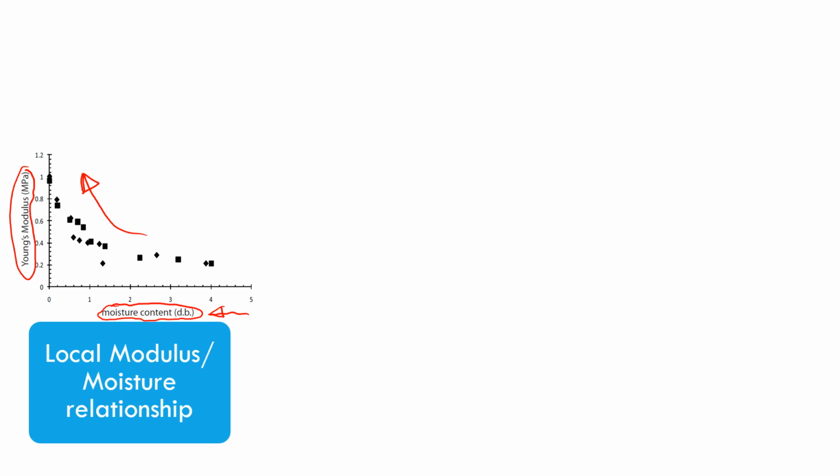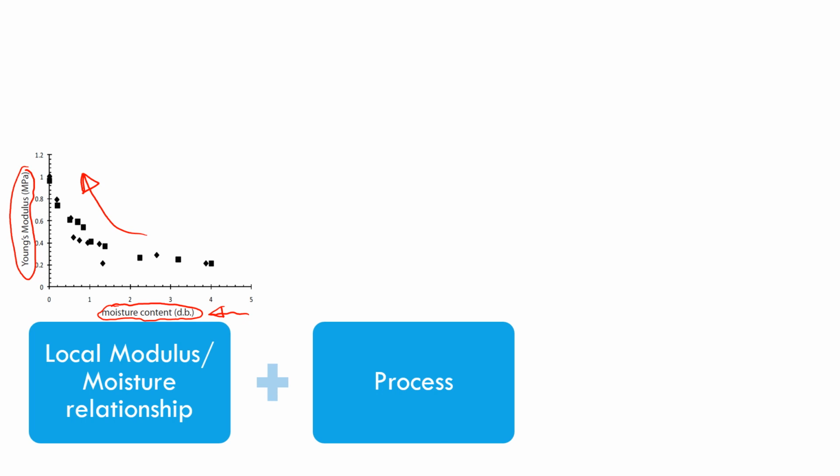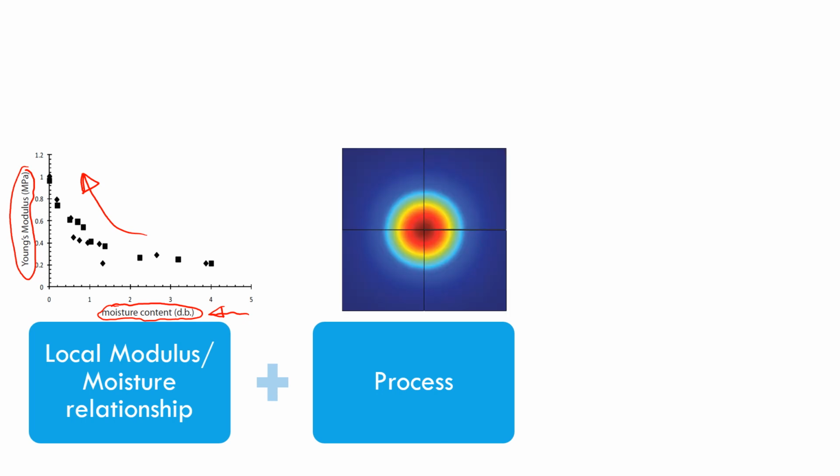So this information is coming from experiment, and that gives the local relationship. And now we combine this with the process physics. So what is the process physics? This is the cross section of a fry, and you can see at some point during frying we have, as expected, higher moisture near the center, the red region, and bluer regions, with dark blue representing lower moisture on the outside.